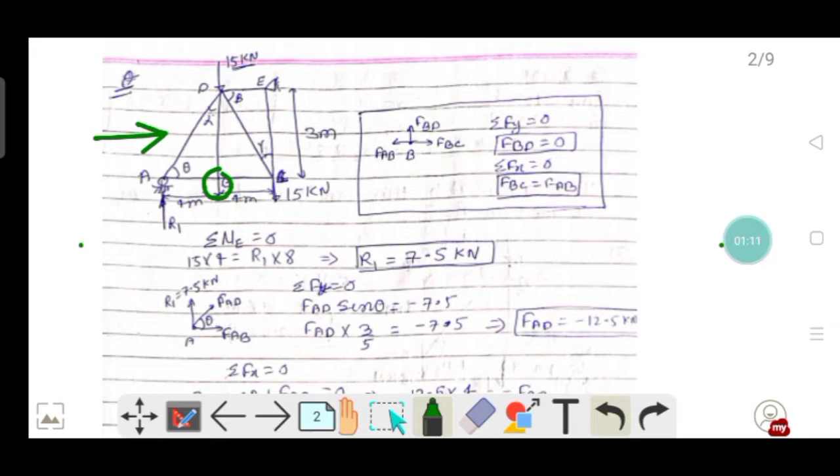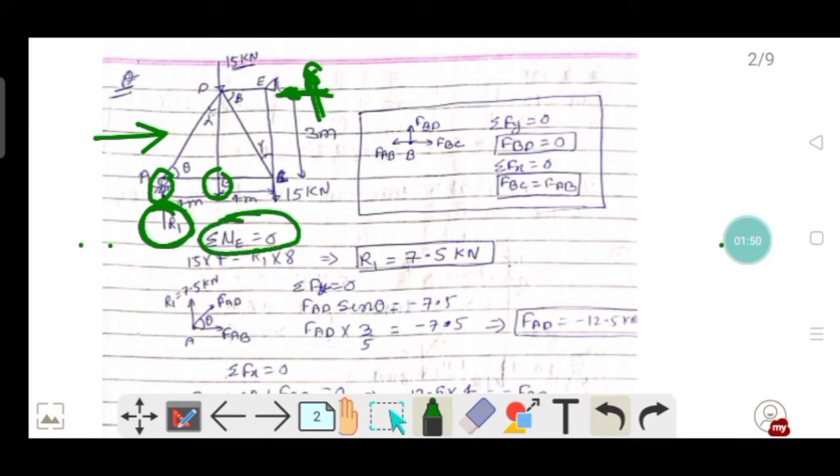For calculating the member forces in this figure, first we calculate the reactions at the supports. Since A is a roller support, there is only one reaction, that is R1, and this is a pin support, so two reactions will occur, in the horizontal and vertical directions.